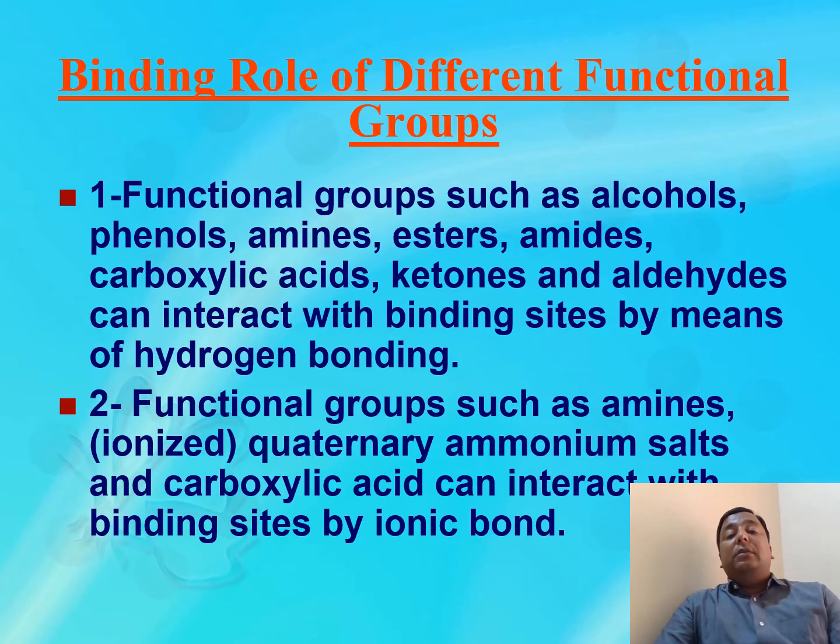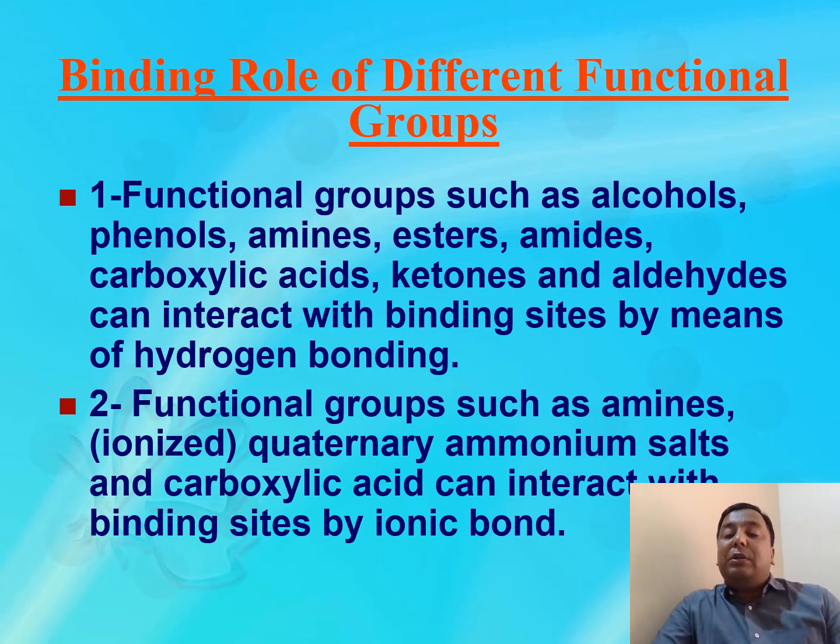So here are 4-5 approaches which we must take care about. First approach is about the compounds or drug-type molecules, the chemical compounds which have functional groups such as alcohol, phenol, amino acids, esters, amides, carboxylic acids, ketones, aldehydes.